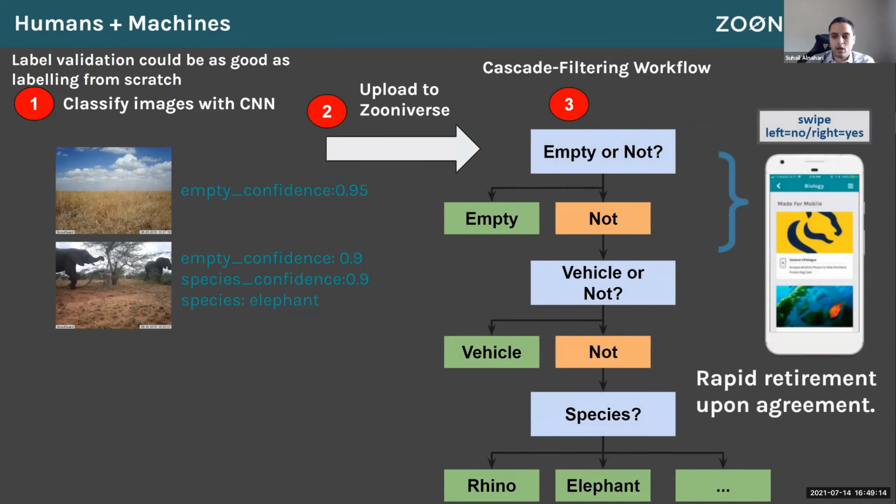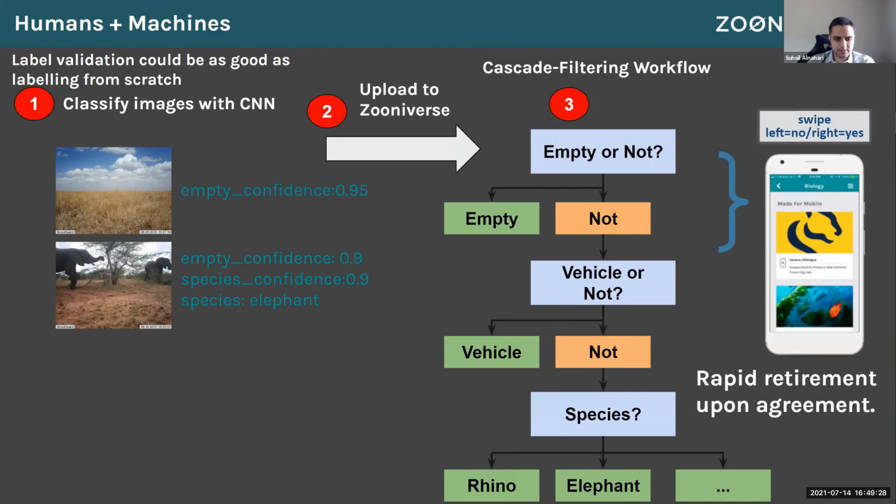Then all volunteers need to do really is to validate what the machine has already predicted. And based on those validations, we can actually speed up the retirement and the whole process.